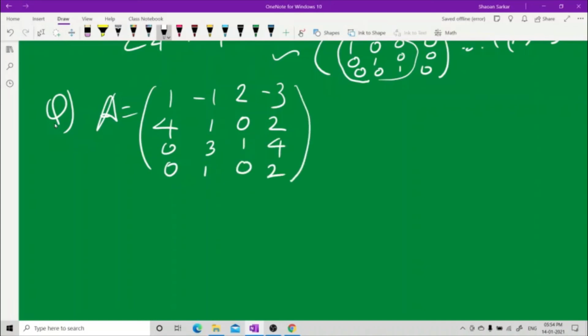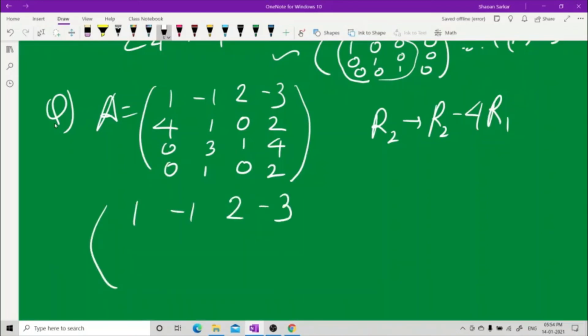Now you have this matrix. Now you see R2 is to be replaced with R2 minus 4 R1. Do this first because these are already zeros. So what I'll get is 1, minus 1, 2, minus 3, 4 minus 4 is 0, 1 plus 4 is 5, 0 minus 8 is minus 8, 2 plus 12 will become 14.